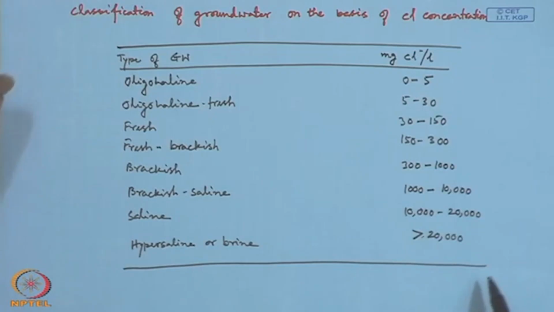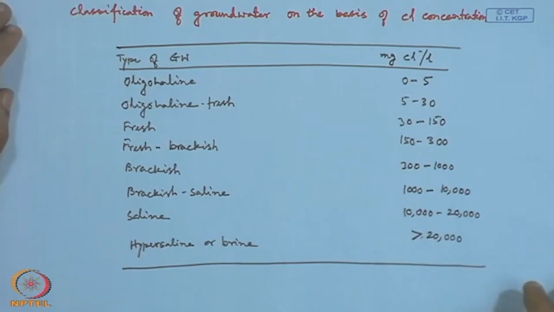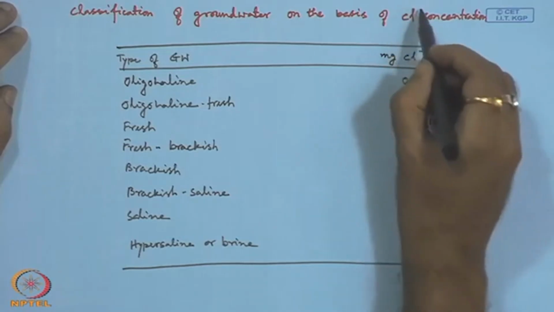So, this is the classification of groundwater on the basis of chloride concentration.